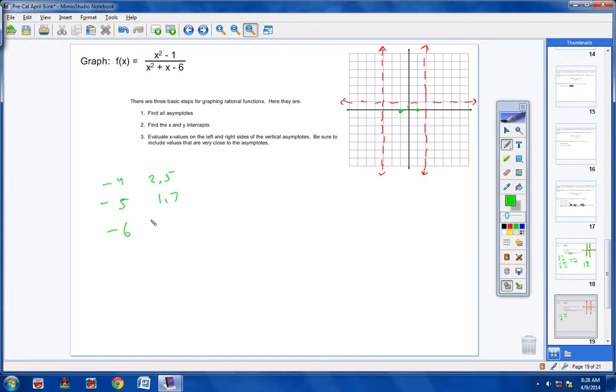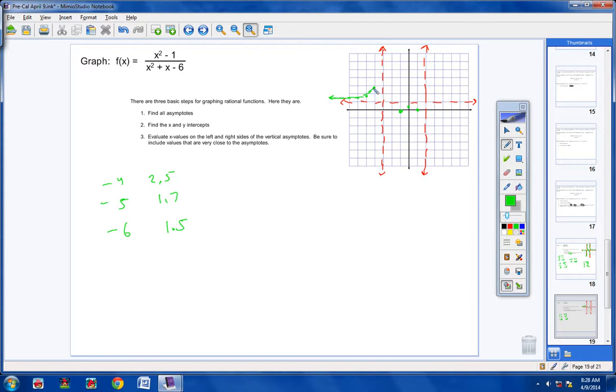And for negative 6, 1.5. So here we go. Negative 4 is at 2.5. Negative 5 is at 1.7. Negative 6 is at 1.5. I think you can see what it's doing here is coming down and getting closer and closer to this horizontal asymptote.